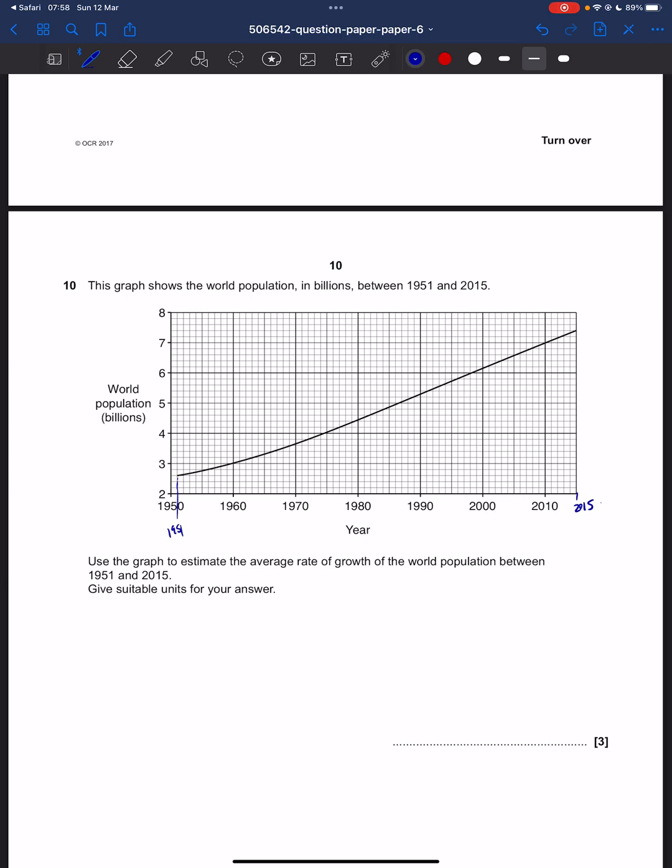Give suitable units for your answer. So we're given data in billions, so we don't need to go to too many significant figures. And the growth is going to be the change in population divided by the time taken.